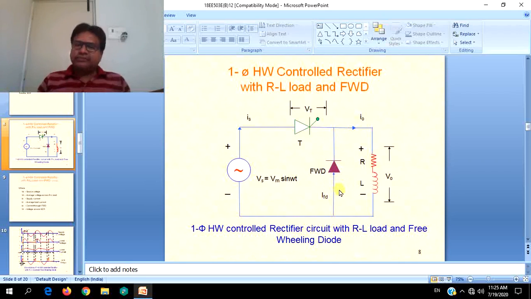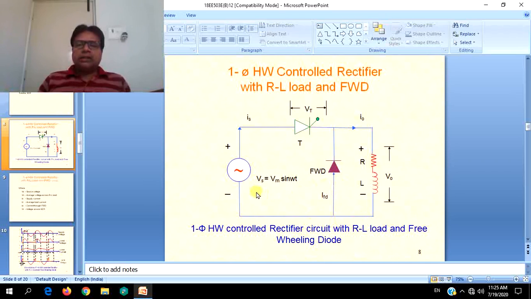So obviously, when the forward breakover voltage is reached and it is sufficient to forward bias the diode, it conducts, or acts like a closed switch. Now, as the diode is conducting, current flows like this. It has two directions: one in opposition to the SCR forward or anode current, and also towards the load.